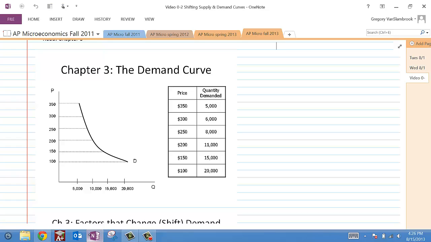So the concept of a changing or shifting demand curve means that if you're changing demand, and we're going to define this as a change in demand, it is one where the quantity demanded is higher or lower. The quantity demanded is different at every given price.